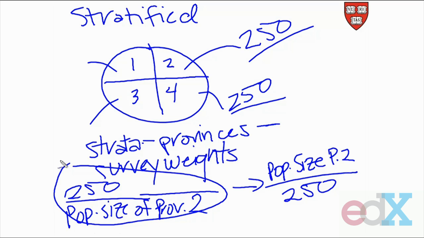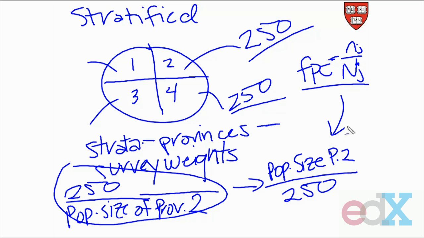So remember that the finite population correction in Stata was just the number of people sampled divided by the population size. That was for a simple random sample. Now we can just index these by province, and we can come up with a stratum-specific finite population correction, which is actually identical to the inverse of our survey weight.